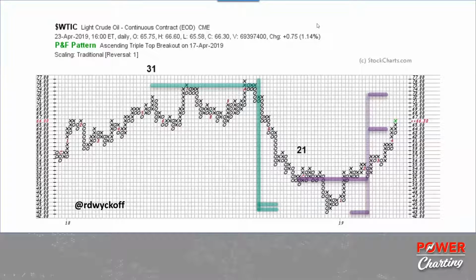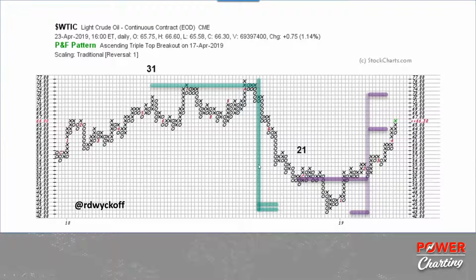Now, I had pointed out that there was a distribution up there that we wanted to take a look at. Well, here's our point and figure chart, and this is a one box reversal method. This is based on daily data, standard scaling, and here is our distribution that we're going to count, and you can see that very steep decline, which carried downward for some number of months.